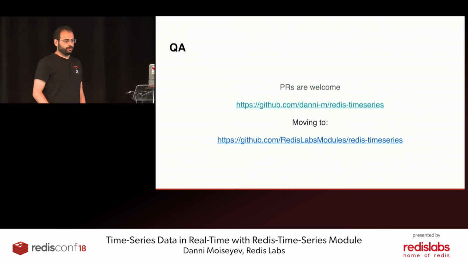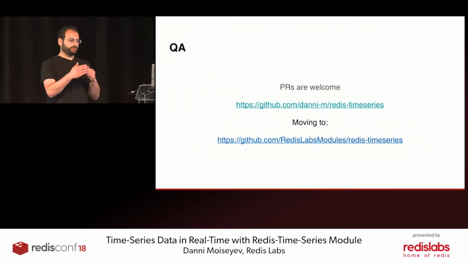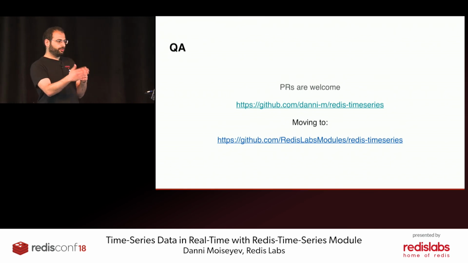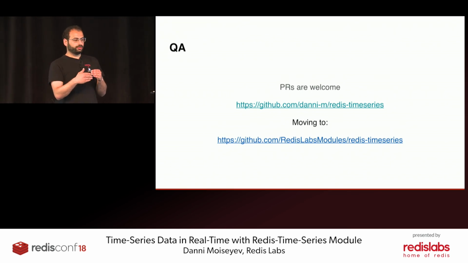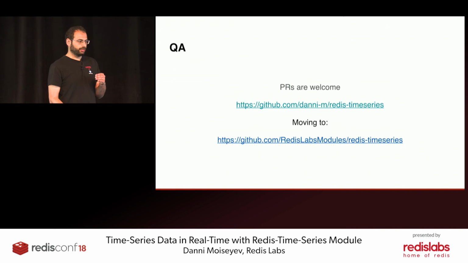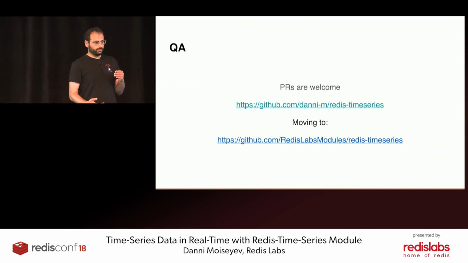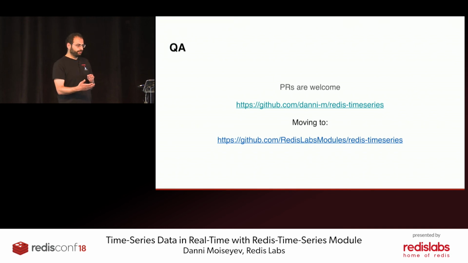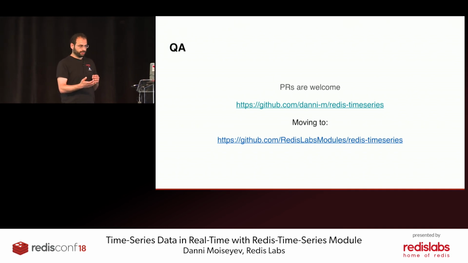What we do is, every time you add data, we check whether we need to delete data according to the retention period. So if you didn't add any more data, we will not delete any data. The retention period is not according to the clock.